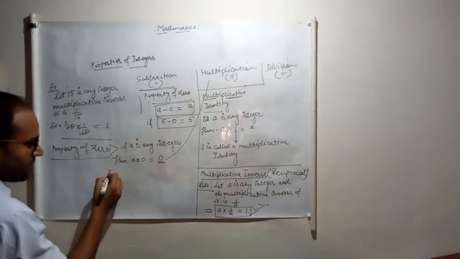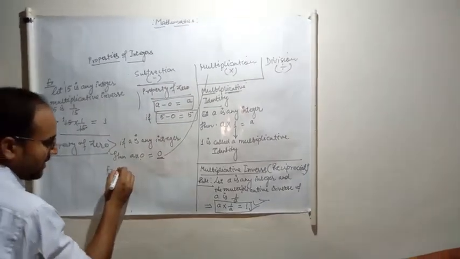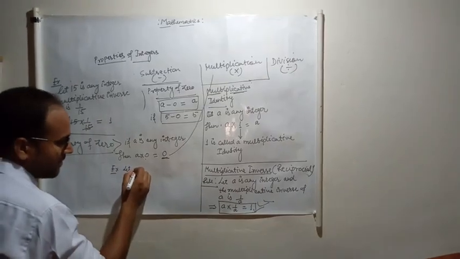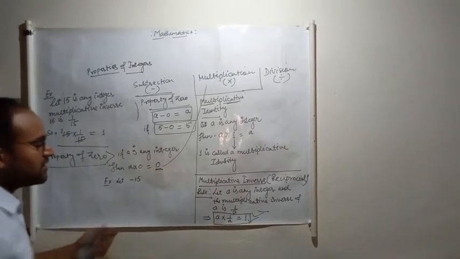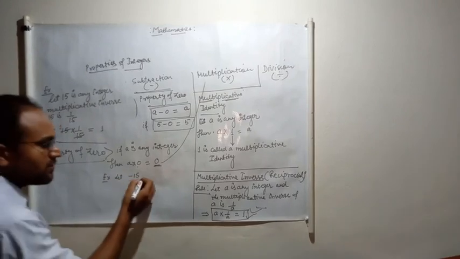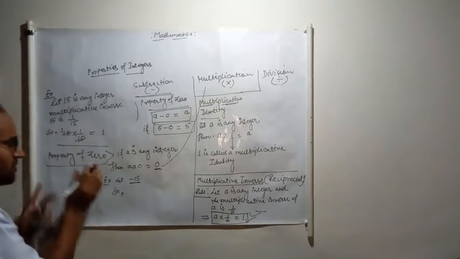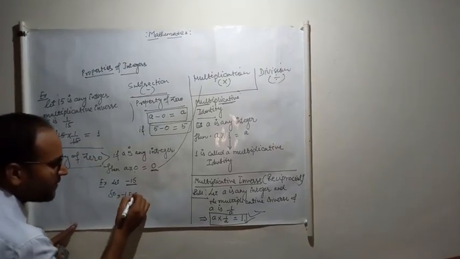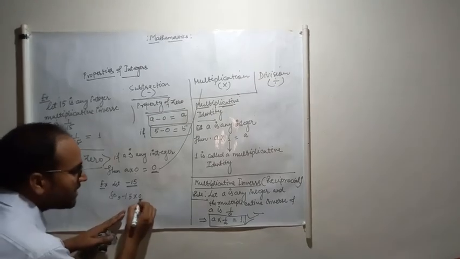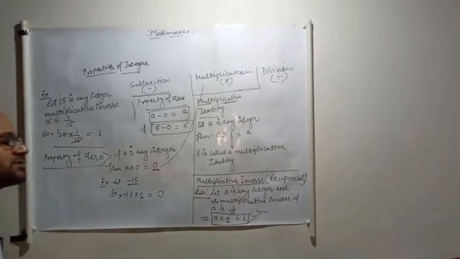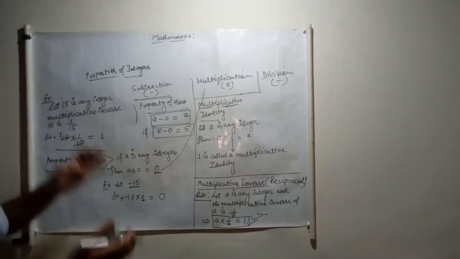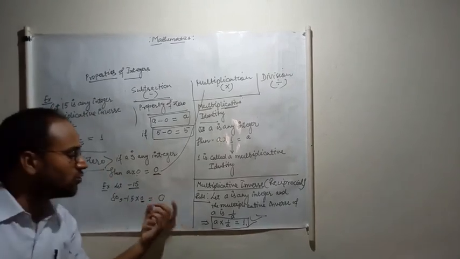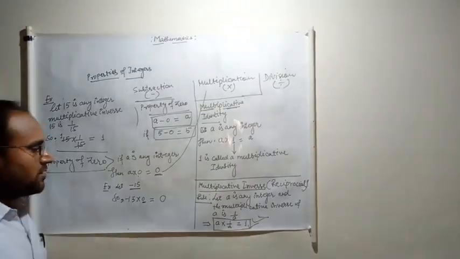For example, minus 15 is an integer, so minus 15 multiplied by 0 gives 0. Whatever the value, if you multiply 1 lakh with 0, you also get 0.